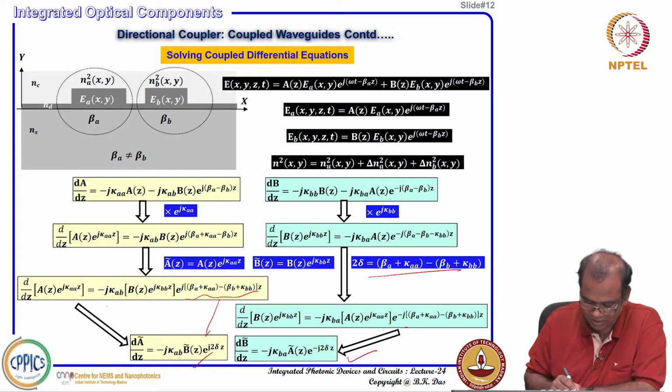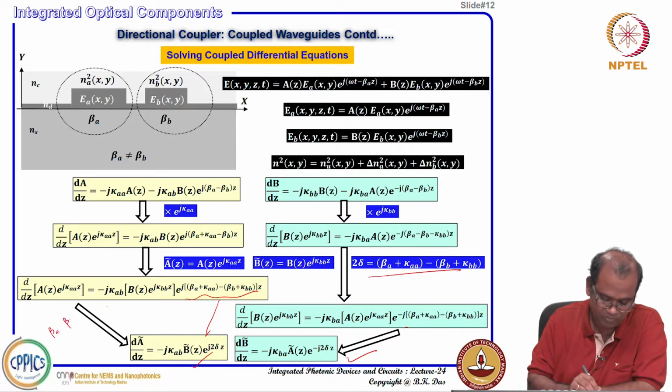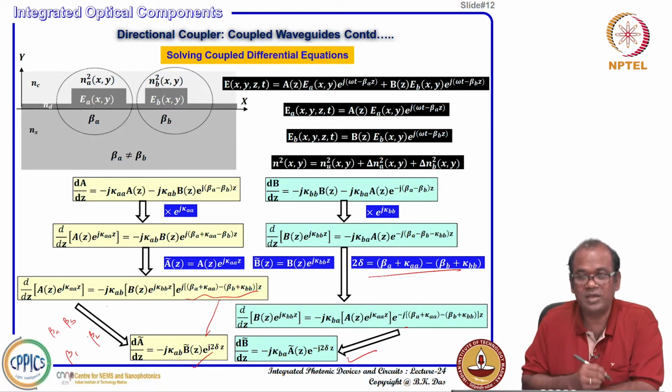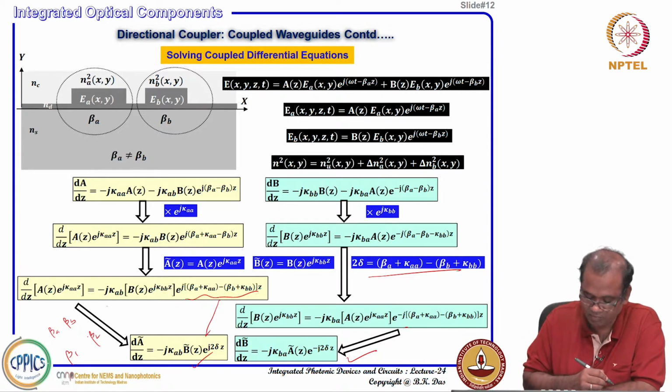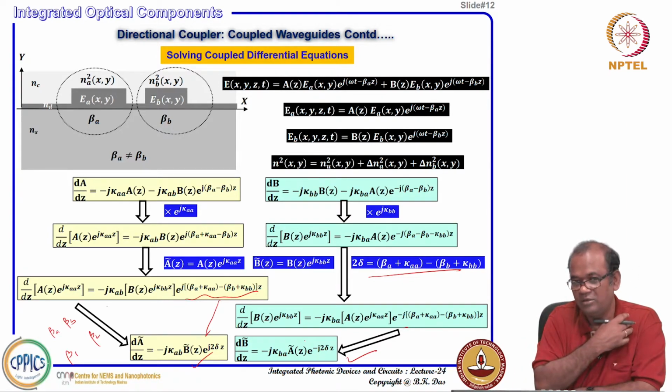Only thing is that here we have a little bit of modification of the propagation constant like this, and there, for the two waveguide modes, instead of beta A and beta B, I would be considering beta 1 and beta 2, both in the same waveguide. If some perturbation is introduced and they are coupling, the same type of differential equation we would be treating. Okay.